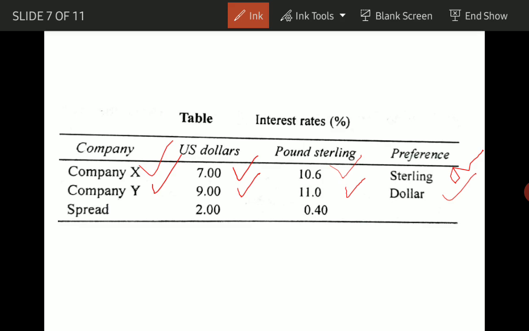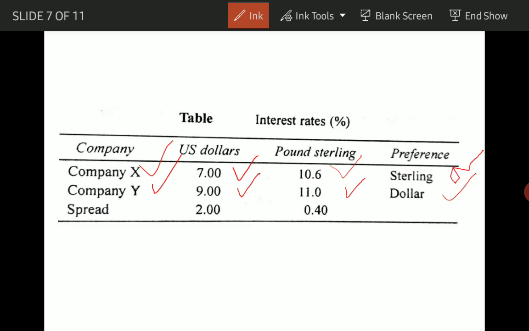So in all terms, it will be good that company X takes a loan from the US dollar market and company Y takes a loan from the pound sterling market, despite both parties having a strong preference for taking a loan from opposite markets.